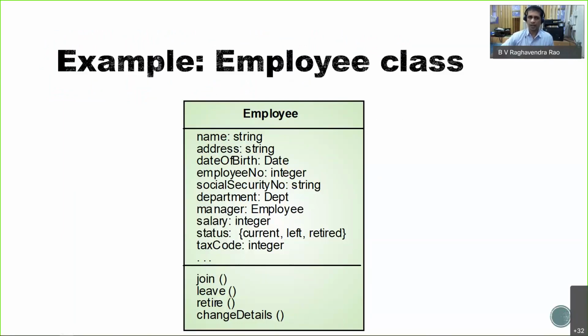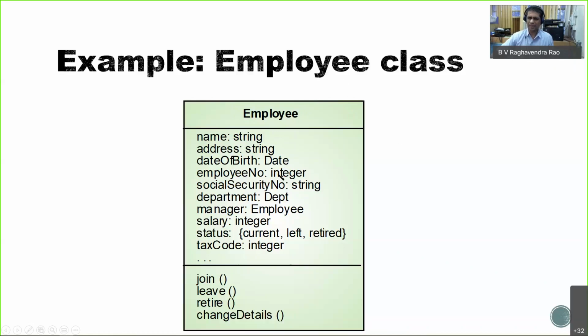How do you describe a class? You give the class name and then all attributes, that is all data being stored, with their types. So name must be a string, address a string, date of birth a date, employee number an integer, and so on.